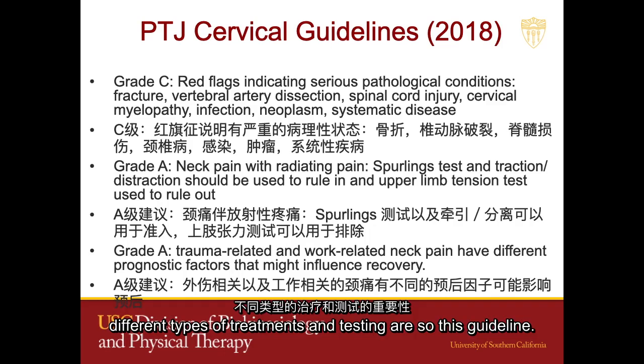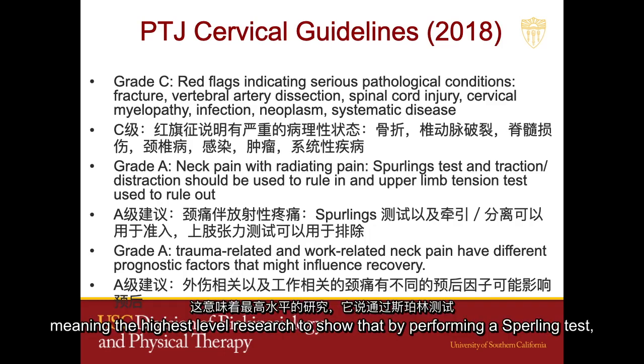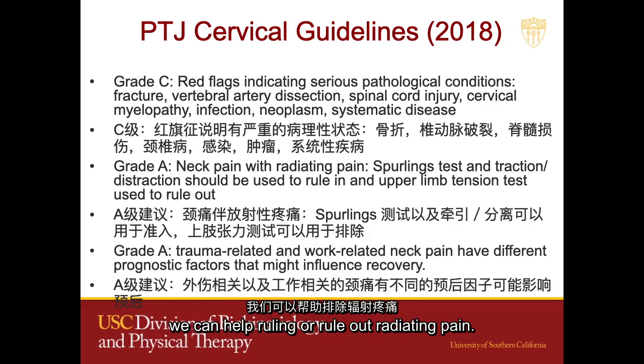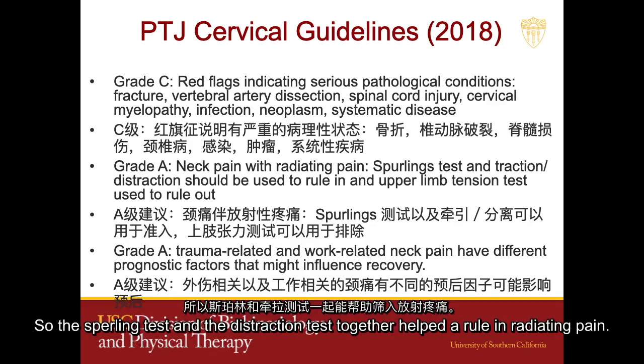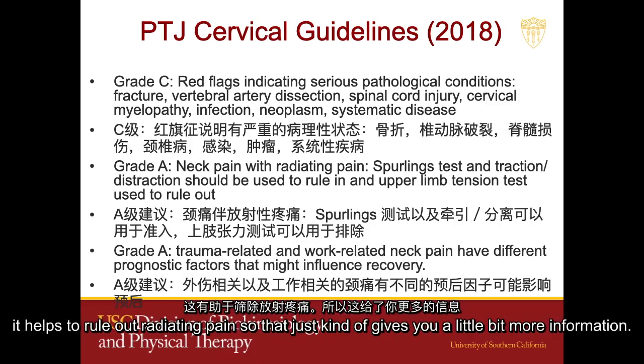So this guideline, you'll see that there's grade A research, meaning the highest level research, to show that by performing a Sperling's test, the traction test, and the upper limb tension test, we can help rule in or rule out radiating pain. So the Sperling's test and the distraction test together help to rule in radiating pain. And if the upper limb tension test is negative, it helps to rule out radiating pain.